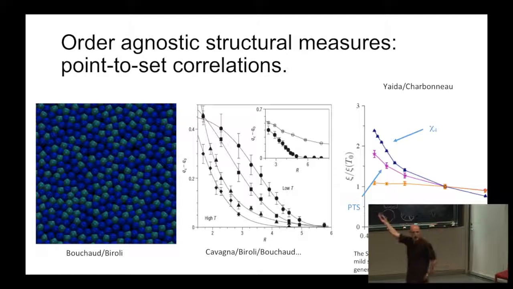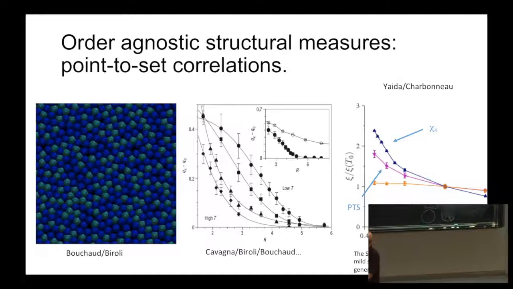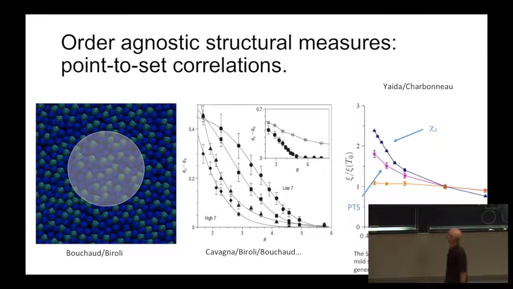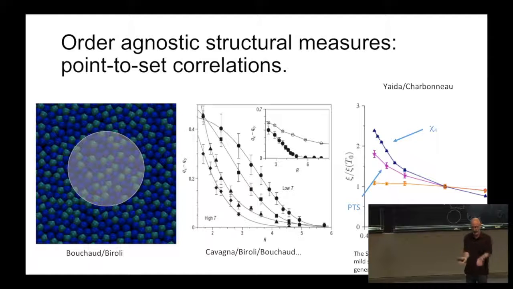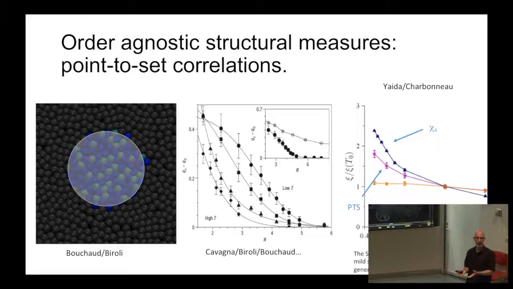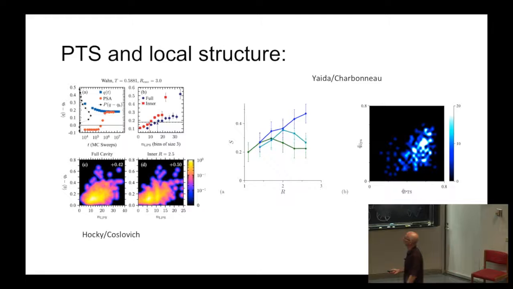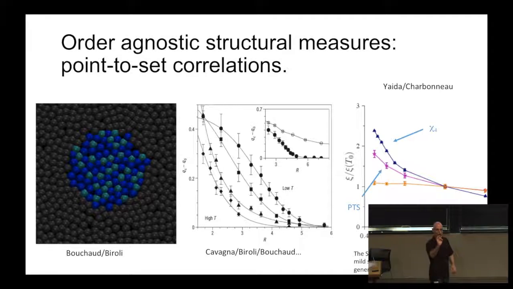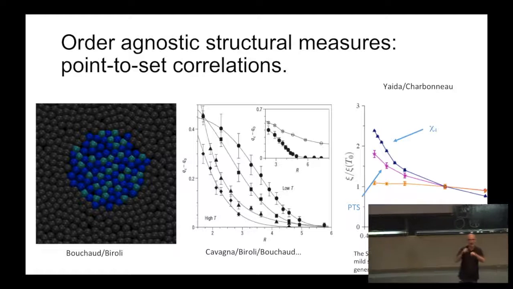This picture is actually very nicely generated by Glenn, who's sitting there, some binary system of spheres, and I imagine that I draw a sphere of radius r at the center of my configuration, and then I choose to freeze all of the particles that are outside this ball, okay, and then I try to sample all the different configurations inside the ball. Obviously, if the ball that I draw is one particle wide, there's only one configuration inside, right? It's just the particle on the sphere that I drew.